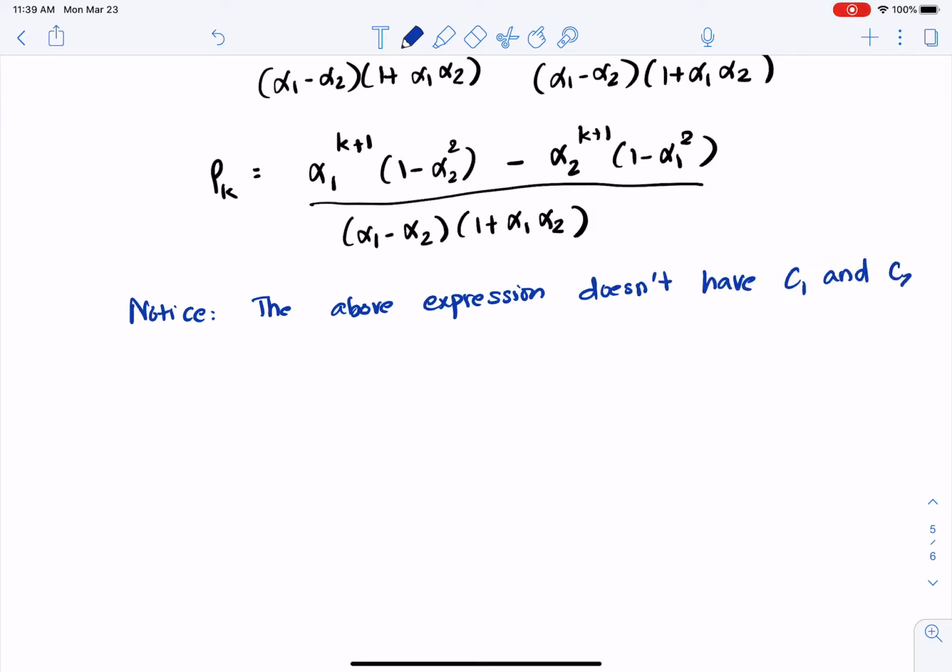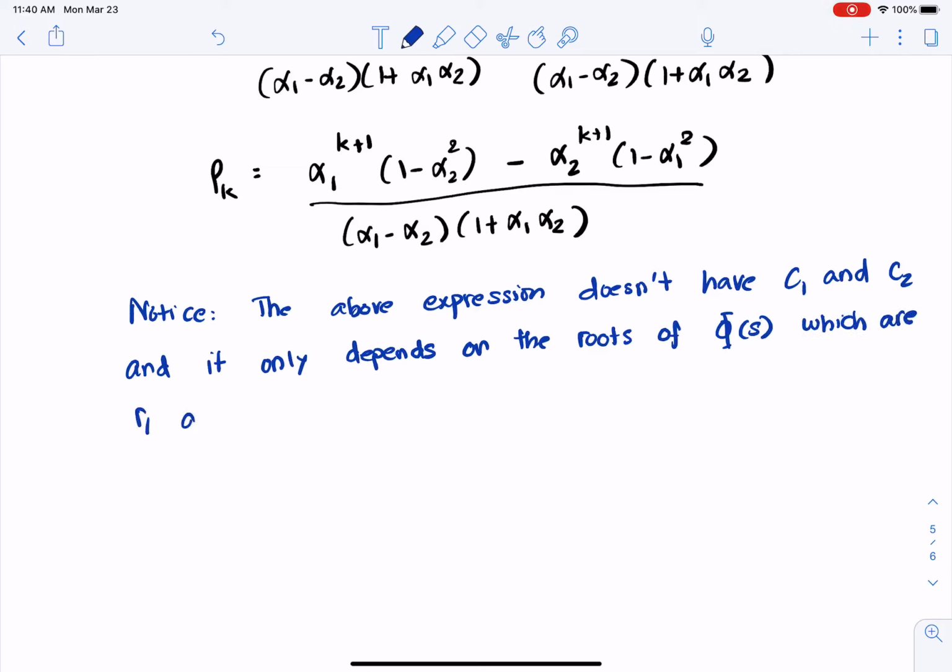and notice the above expression doesn't have C1 and C2 because we already solved for C1 and C2, and it only depends on the roots of the characteristic polynomial phi of S, which are R1 and R2. So in our notation, we used alpha 1 as R1 inverse and alpha 2 as R2 inverse.